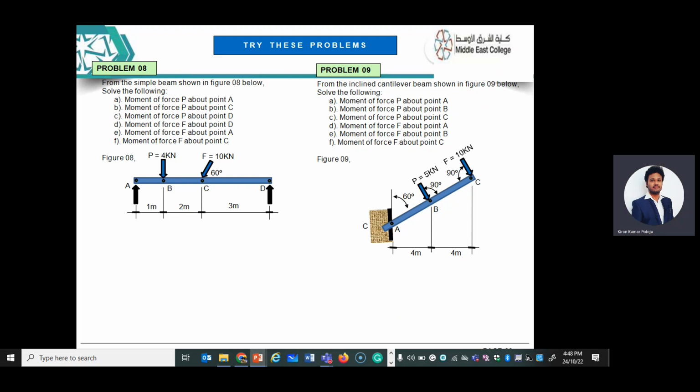From point D. Yes. How much? Give me how much. How much? Length, how much?